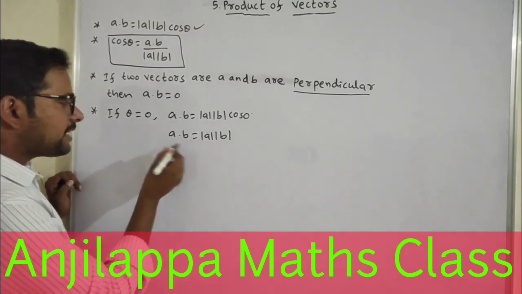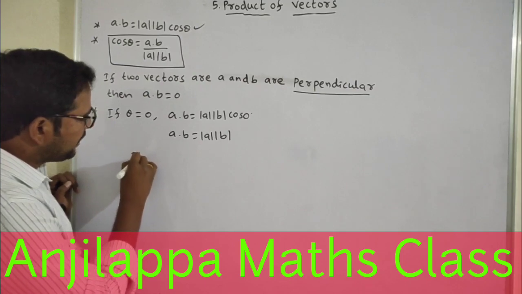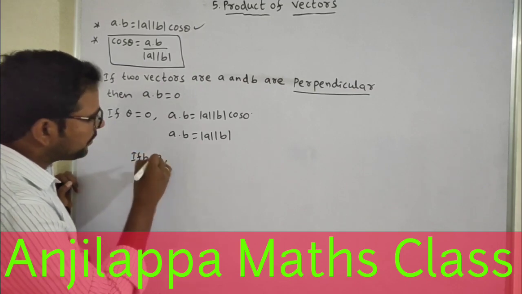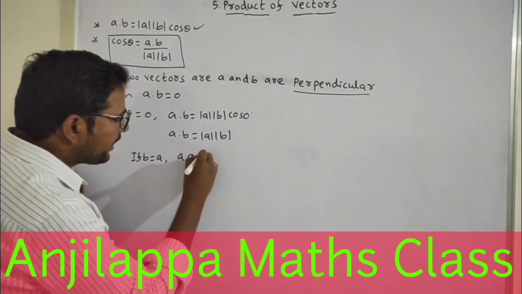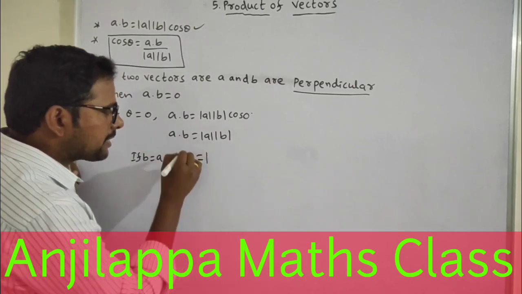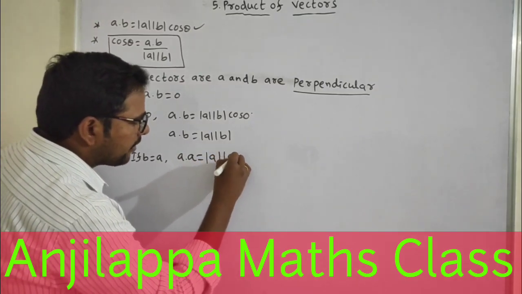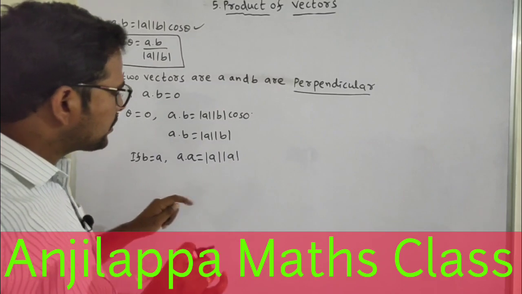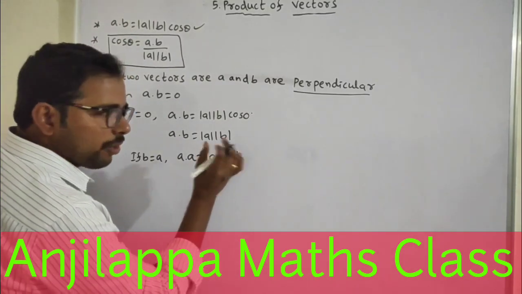Suppose b is equal to a, what will happen? That means a dot a is equal to mod a into mod a, that is mod a square.